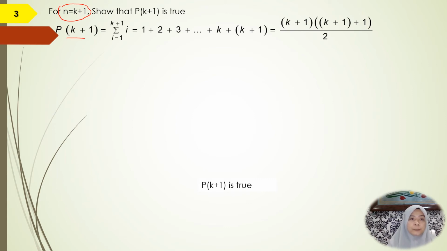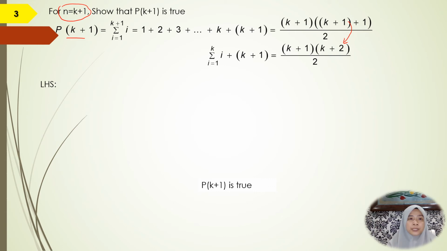We replace all the n that we have in the original question with k plus 1. Okay, so if you look here, we simplify the statement on the right hand side, where we have k plus 1 plus 1, so that is equal to k plus 2.